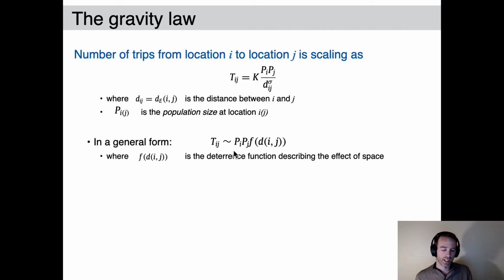So basically, if you want to express how strong the interactions are between two cities, two points, you can define it as the product of the population or strength of attraction, basically, and a function of the distance.